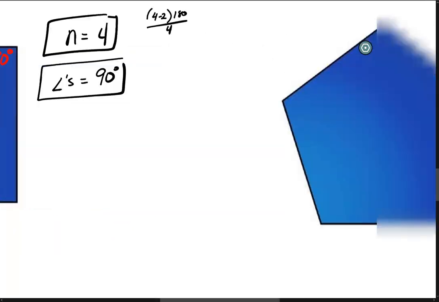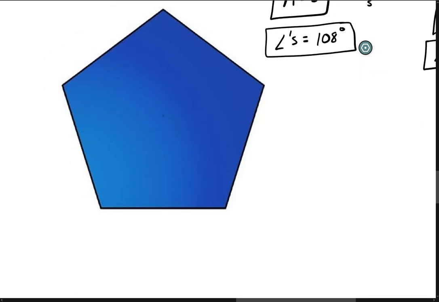So let's go on to the next one. Let's go on to a pentagon. Right there's our center. Let's draw the apothem. Apothem's going to go from the center to the midpoint, right?